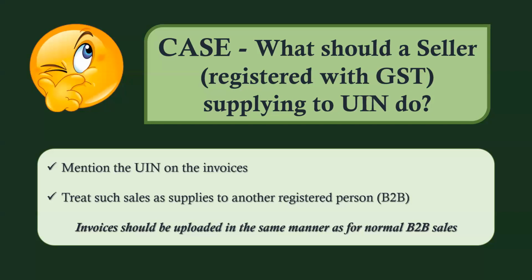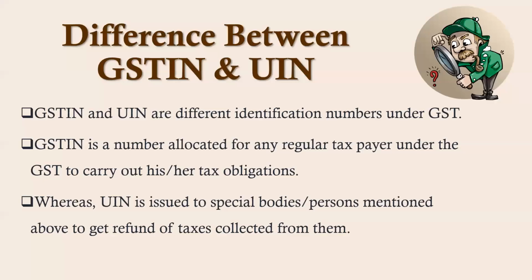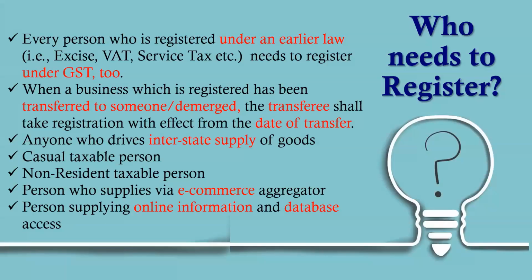That means the seller has to do this if he is supplying the goods to a person who is registered under UIN. So one has to mention the UIN details and treat it as a normal supply. That is your B2B supplies. The numbers part, understood and realized the difference of GSTIN, and that he is issuing to special bodies, and who is supposed to get registered.